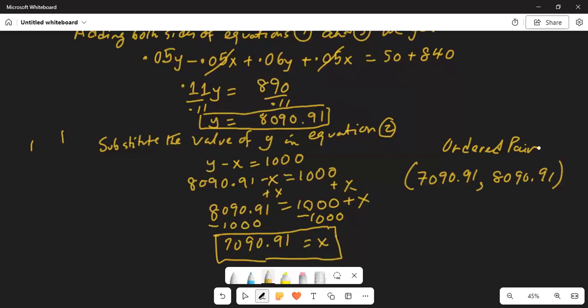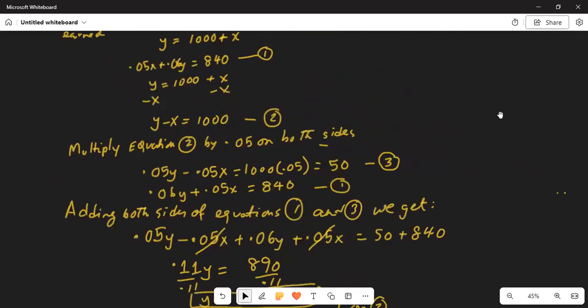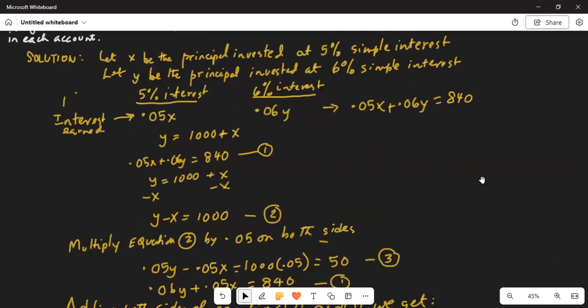Okay, so let me summarize what I did. Basically, we were told that the two amounts were invested, one at 5% interest, other at 6% interest. So the interest earned in 1 year is 0.05 times x. X is the amount invested at 5%, and y is the amount invested at 6%.